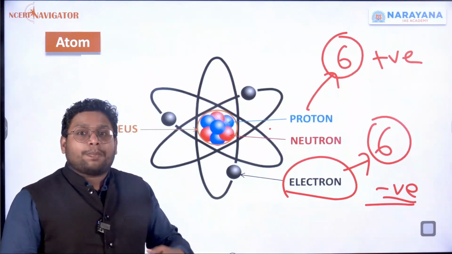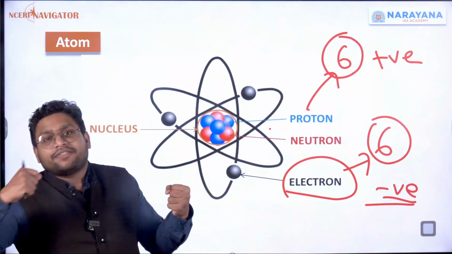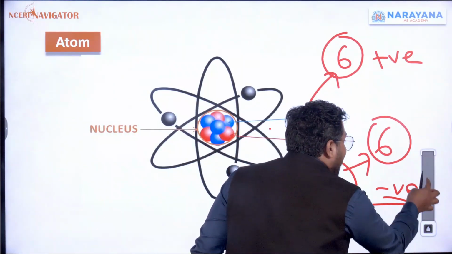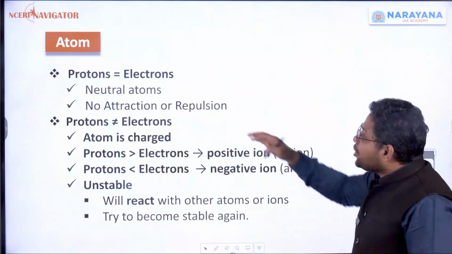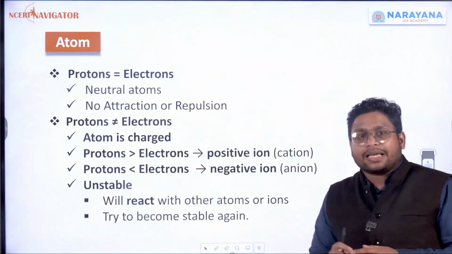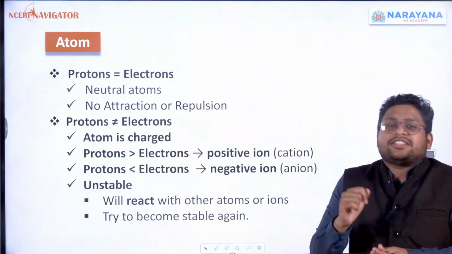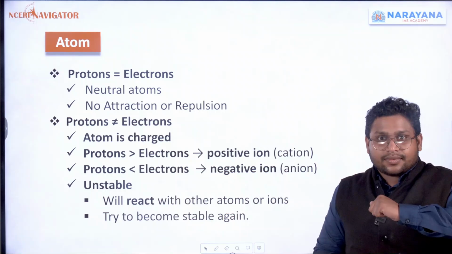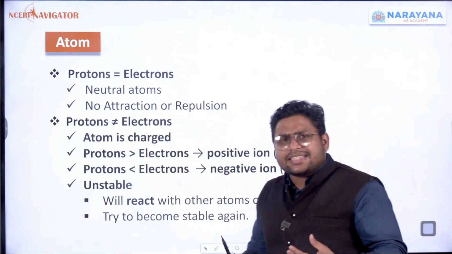And because the positively charged and negatively charged subatomic particles are the same in number, that's the reason this atom is in a neutral form. There is no attraction, no repulsion, nothing is taking place, and this atom is very, very stable. That's the reason it is existing in a normal form.